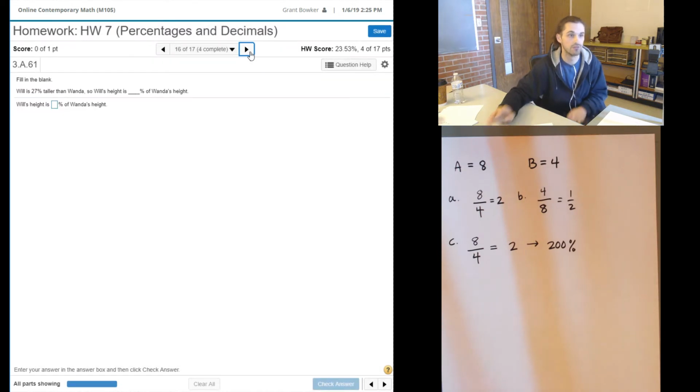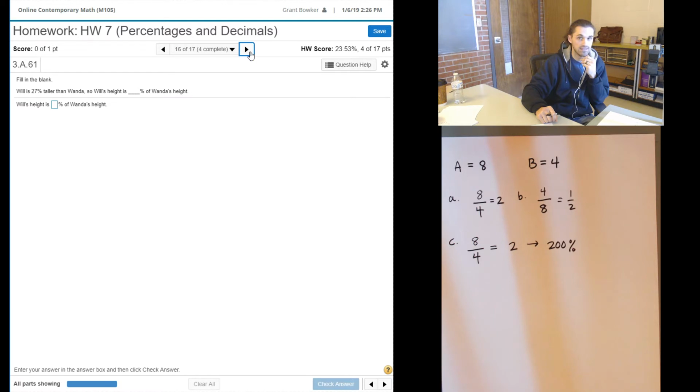All right, something different. Will is 27% taller than Wanda, so Will's height is blank percent of Wanda's height. So, how can we phrase this where it would make sense? If Will was 0% taller than Wanda, that would say he's exactly the same height as Wanda.